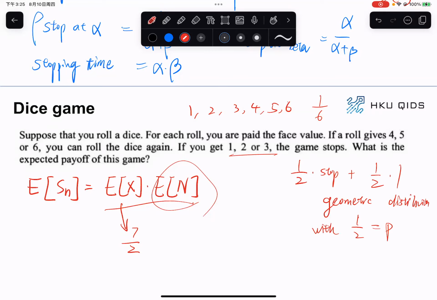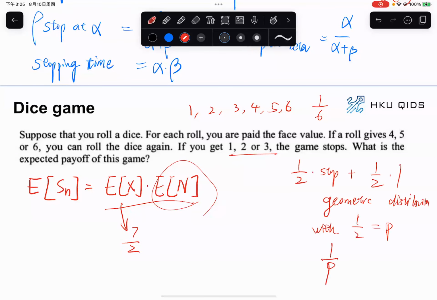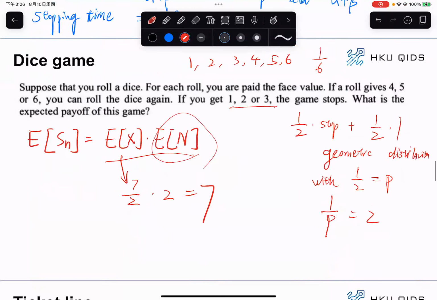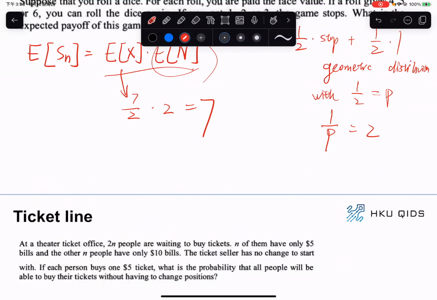So the expected N is just 1 over the probability, which is 2. So we just use 7/2 multiplied by 2, which is 7. The expected payoff is just 7. Okay, get that? Quite simple using the Martingale properties, right?